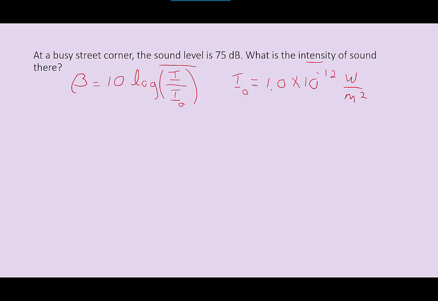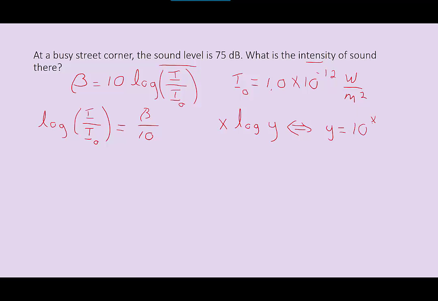If I were looking for the intensity, the I, so if I want to rearrange this for I, I end up with log of I over I naught equals beta over 10. Remember that x equals log y is the same thing as y equals 10 to the x.